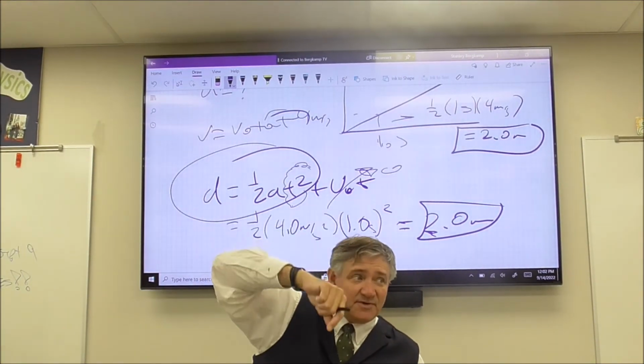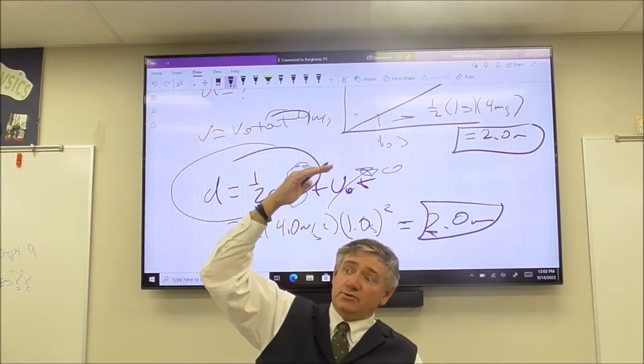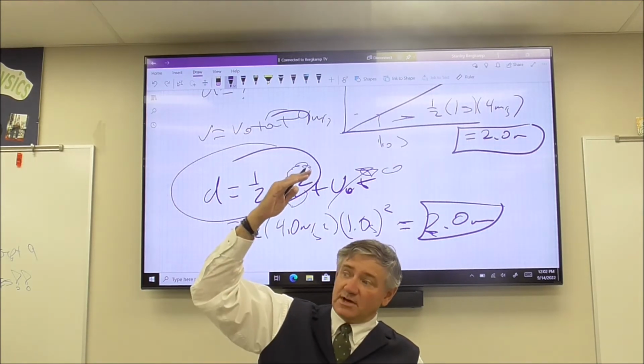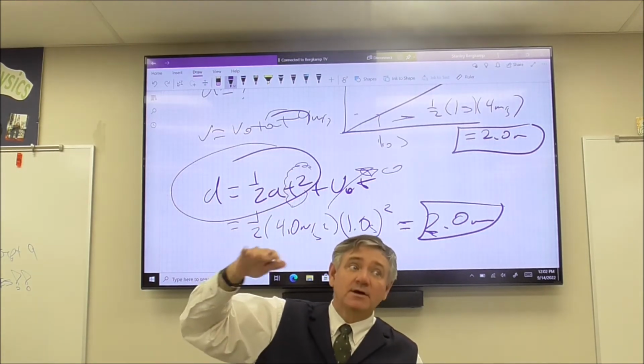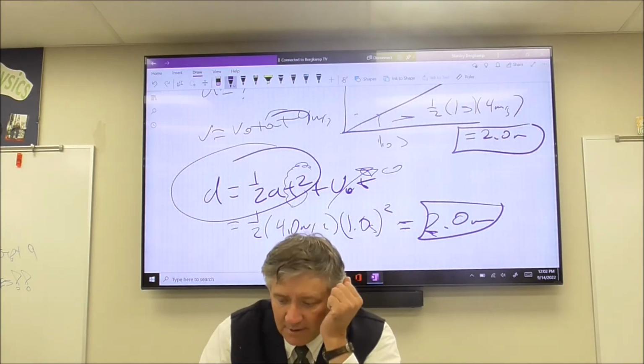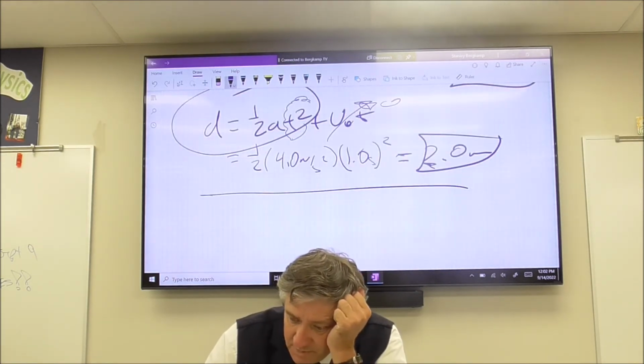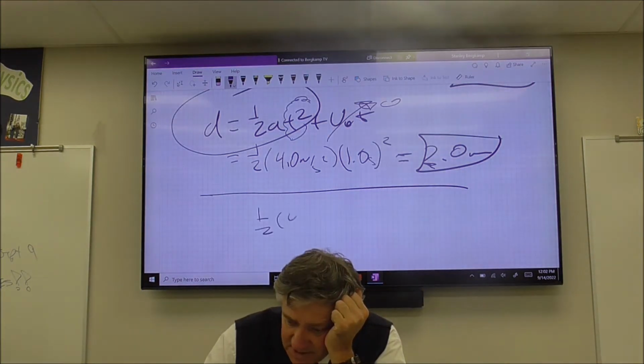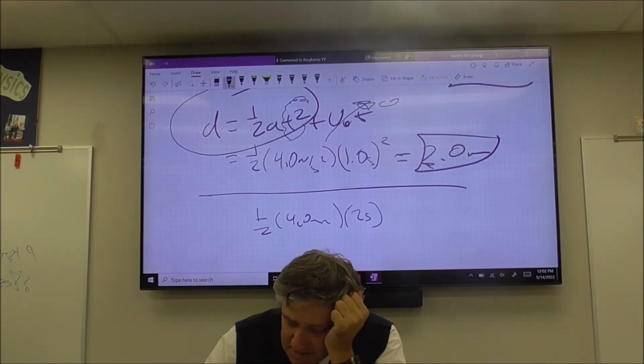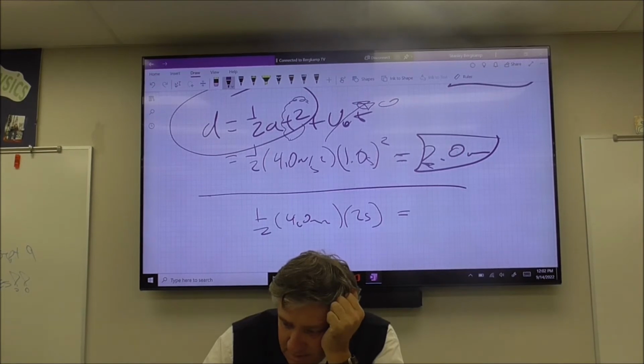So that's the advantage of using this one, is that you are going off of values that are in the problem, okay? So that's one advantage. Now, the next one, we need to go at 2 seconds. So that's 8 meters.